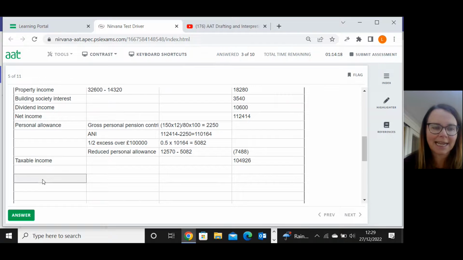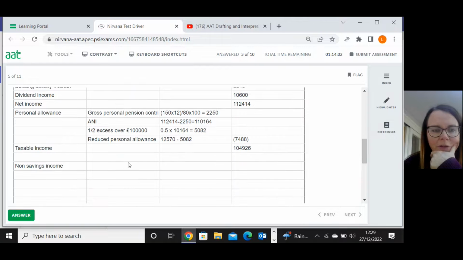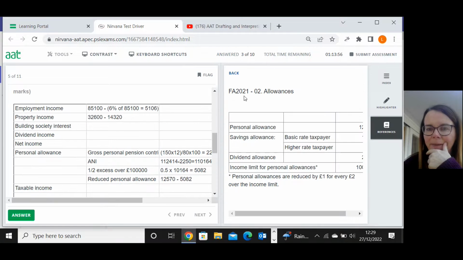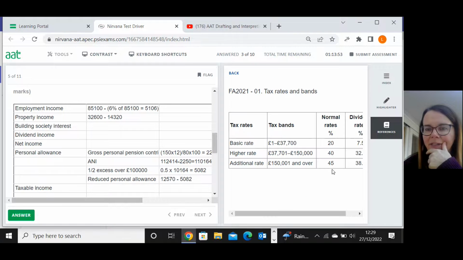Right, so now I'm ready to start taxing. So I'm going to start with my non-savings income, where I know that the first, in fact, I'm going to use these two columns. So my first tax band is, of course, 37,700 here.